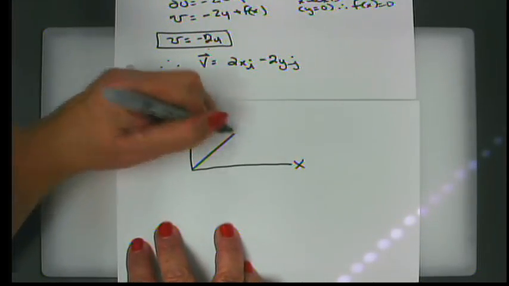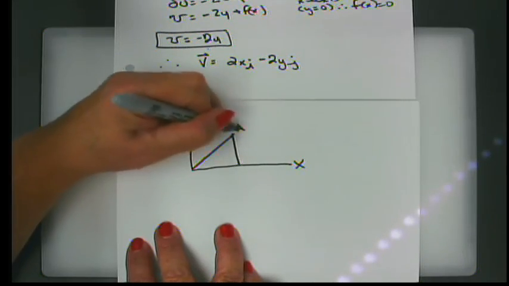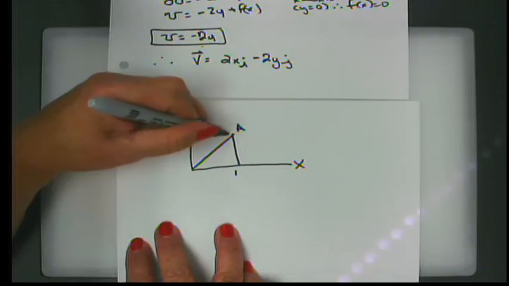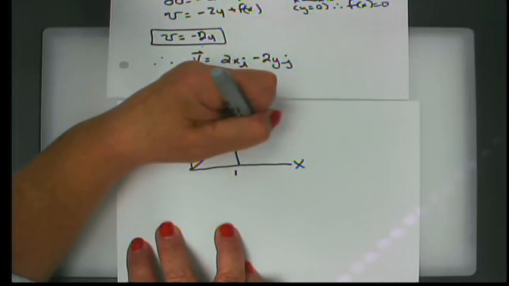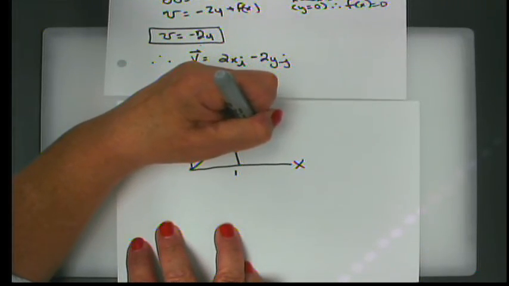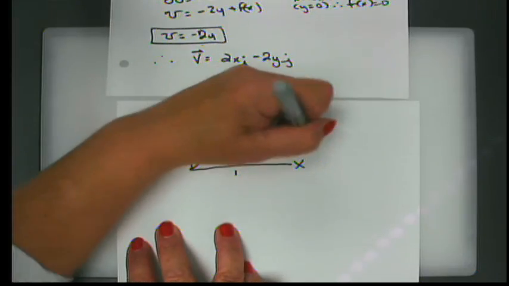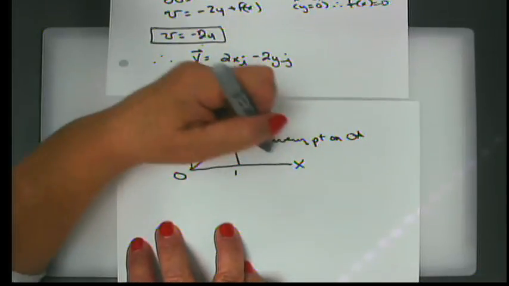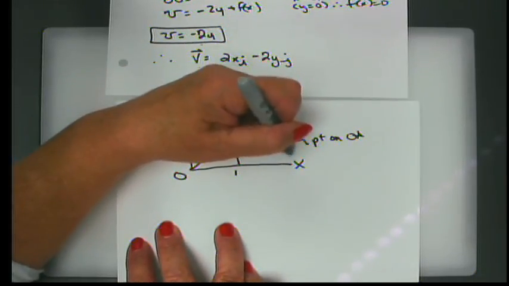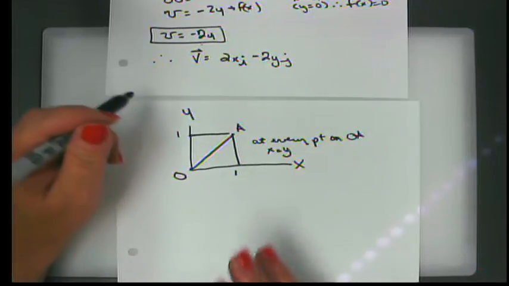And this is what we have, right? We have point A up here at 1 and 1 in feet, and we have it at 0, 0. Well, what do you see here? At every point on OA, we have that x is equal to y. All right, and it's a straight line.